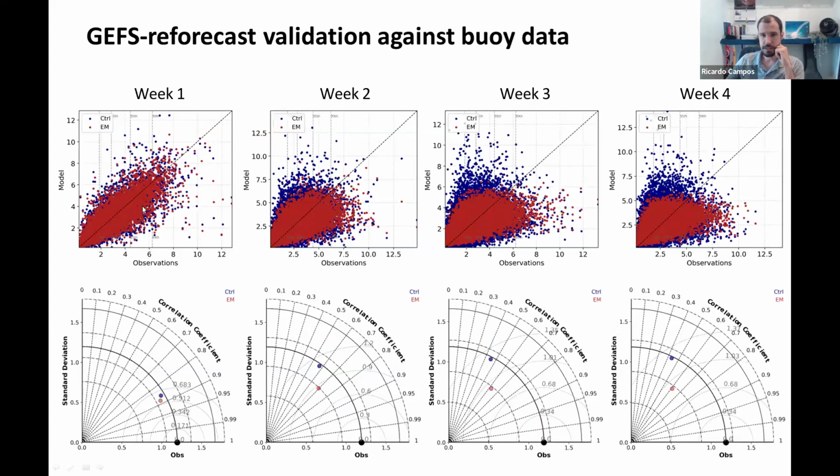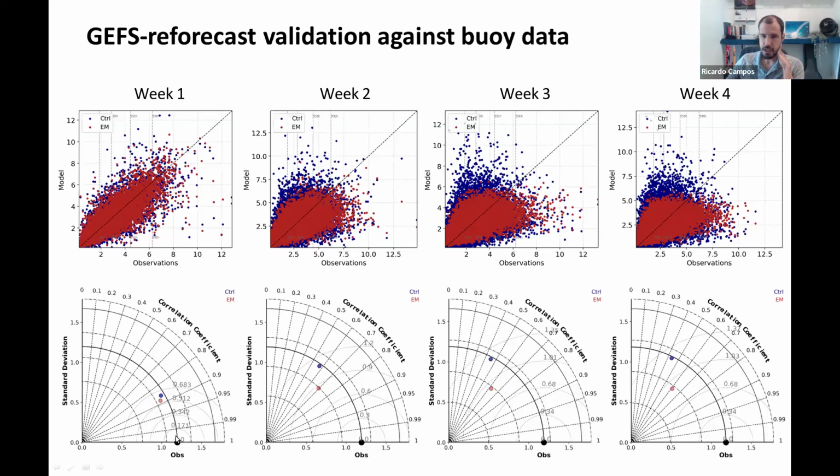This is how the scatter index is increasing with time, and it's nice to see the Taylor diagram, actually, with the control member in blue and the ensemble mean in red. So far, I'm talking just about significant wave height. For week 1, we are close to this black line here of normalized standard deviation.